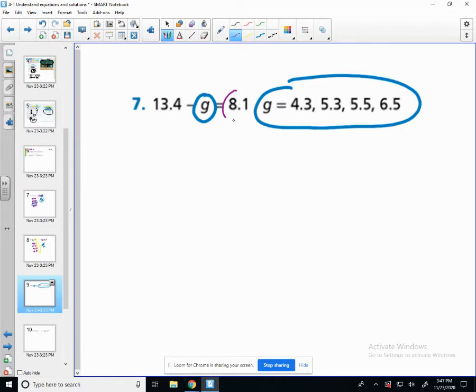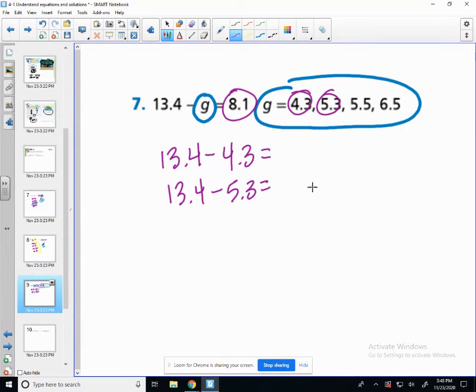Your final answer has to equal 8.1. So let's see how we go. 13.4 minus 4.3. 13.4 minus 5.3. 13.4 minus 5.5.